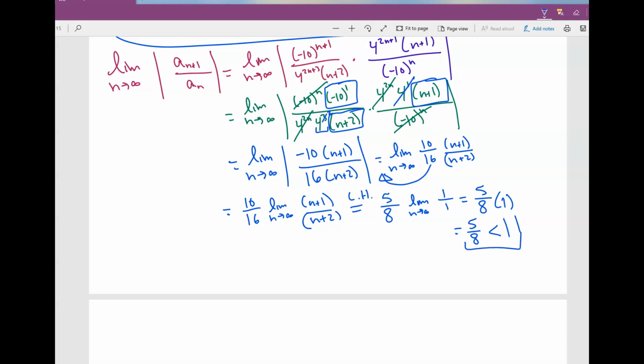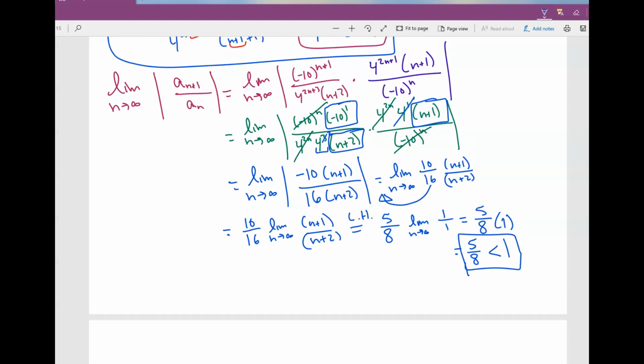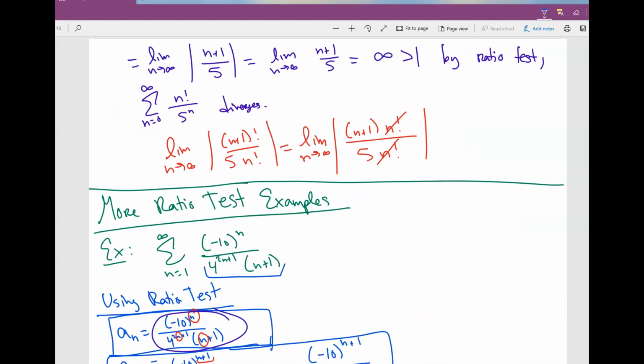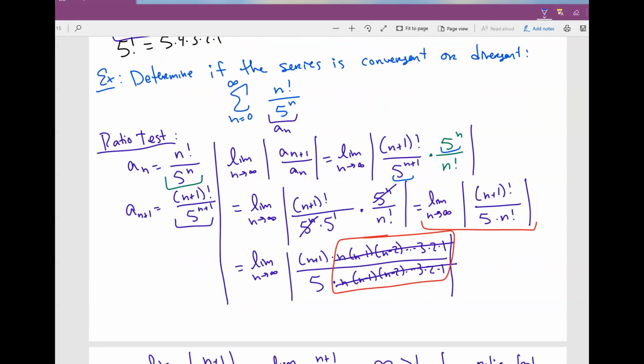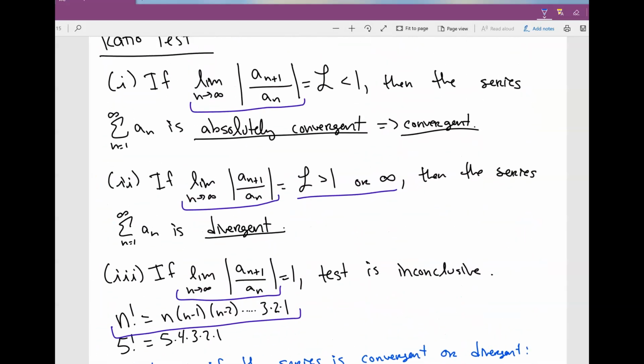Because 5/8 is less than 1, and we're using the ratio test, we're going to go way back up and see what the ratio test is. So for the ratio test, when the limit is less than 1, we can say that it's absolutely convergent, which actually means that it's convergent.